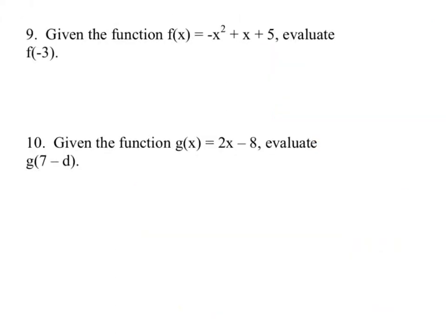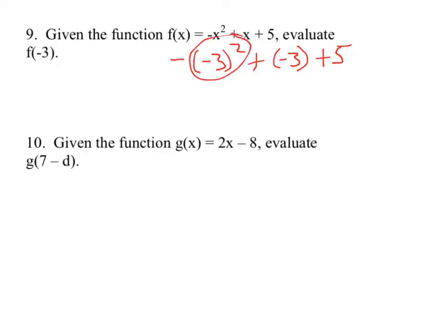Given the function, evaluate f of negative 3. That means you need to take negative 3 and put it in for all these x values here, and you put it in for both of them. So that's what we're going to do. Negative times negative 3 squared plus negative 3 plus 5. Remember, follow your order of operations.